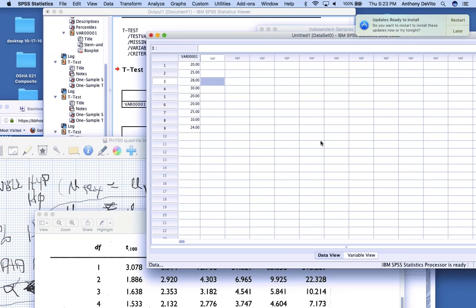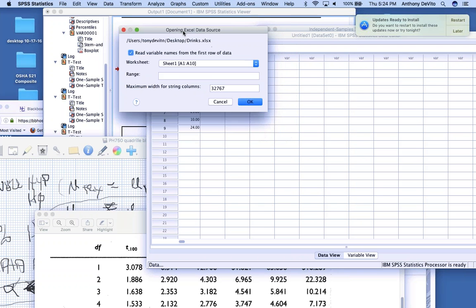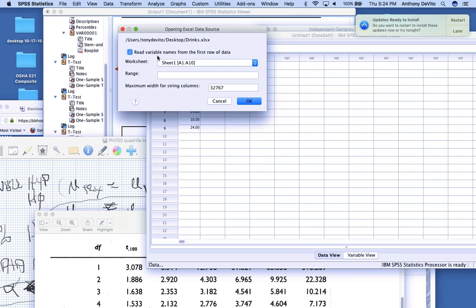I'm going to click on that and say open, and it's going to take the information in Excel and bring it into SPSS. First thing it does is open a window that asks, do you want me to read the variable name from the first row of data? I put the name in there at the top. If I didn't put that in there, I would need to uncheck that, because otherwise it would ignore that number and use it for the variable name instead of seeing it as data.